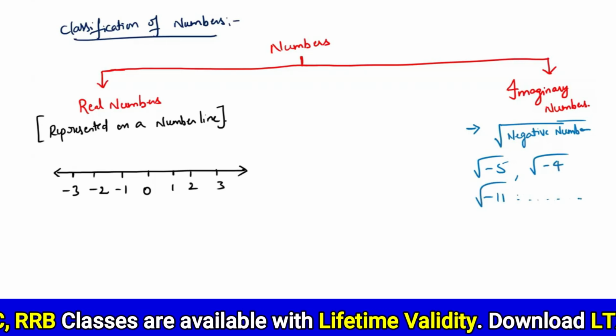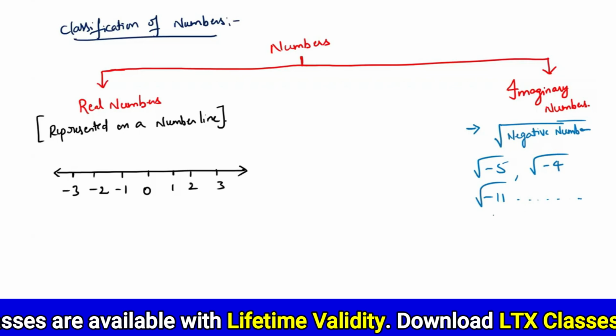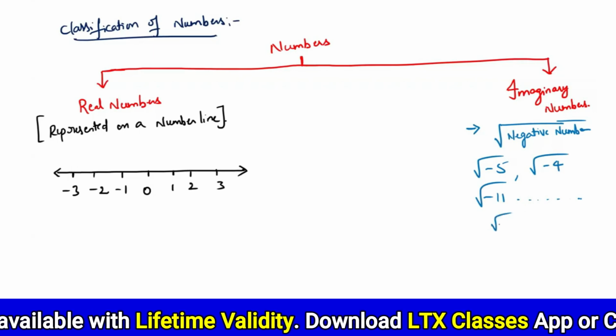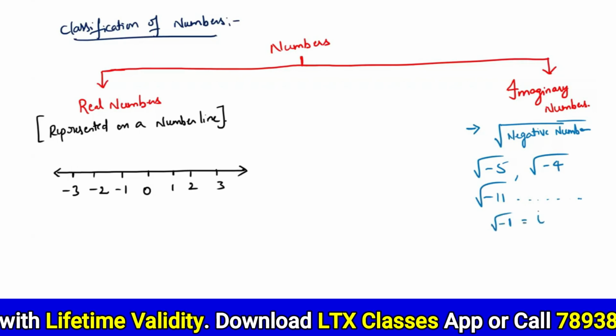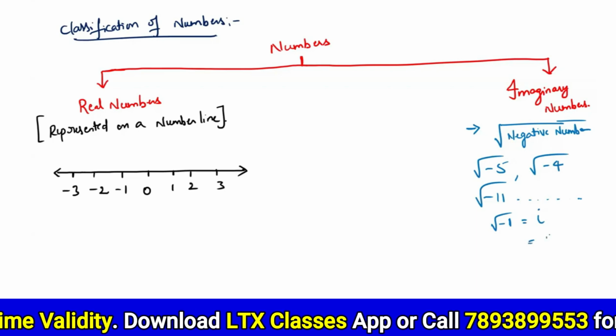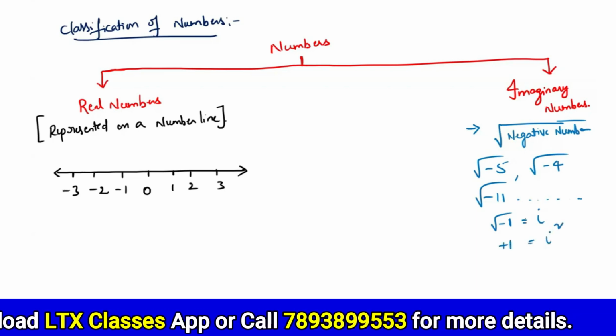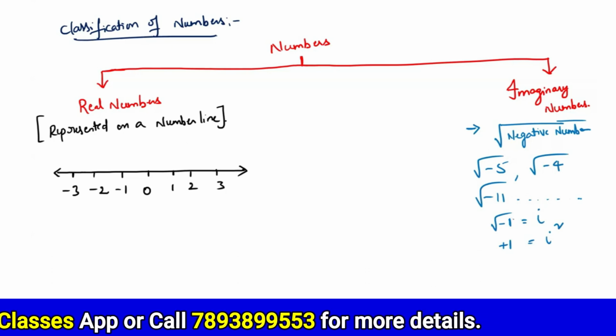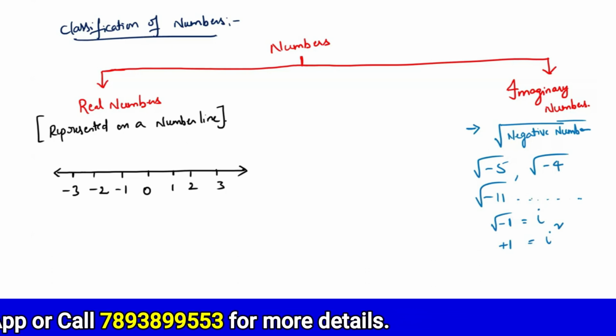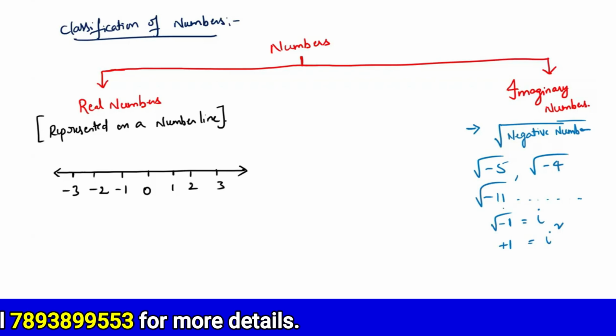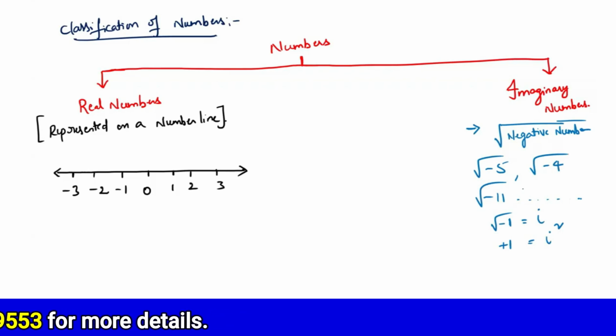And what we do is, this root over minus 1 will be represented as i, where i is called an imaginary number, or else i square is equal to minus 1. So this is regarding imaginary numbers, but we will not discuss more about them. We have to concentrate on real numbers.